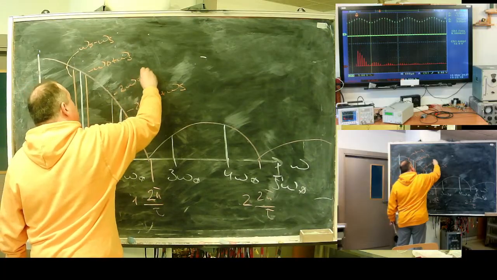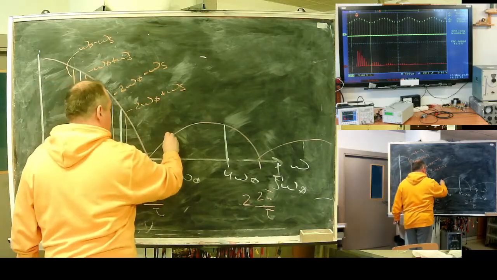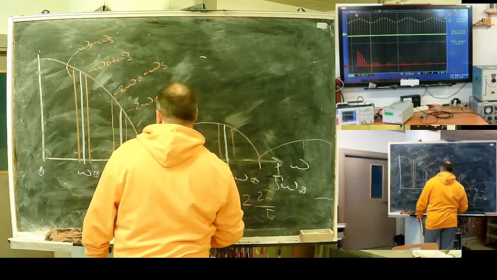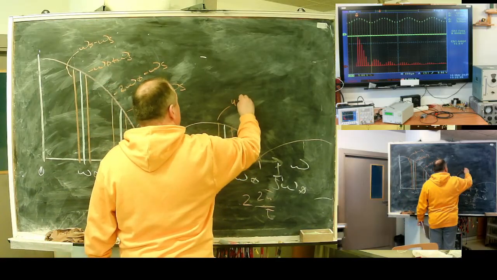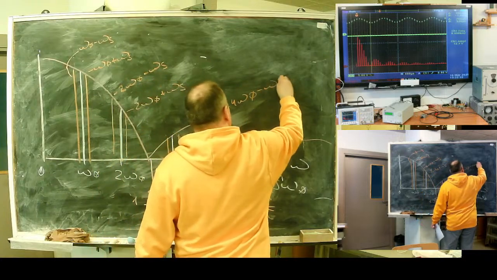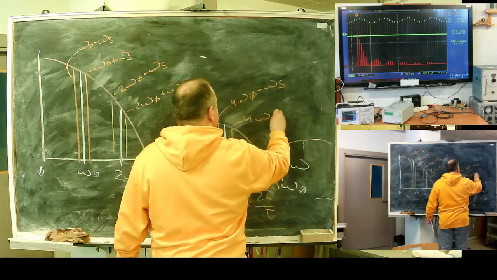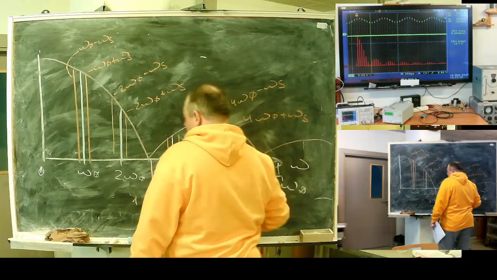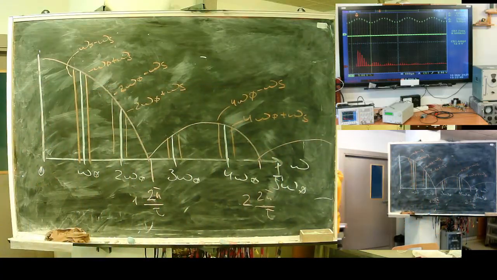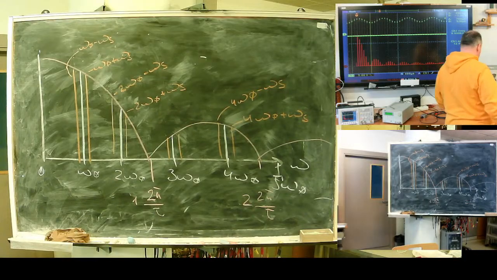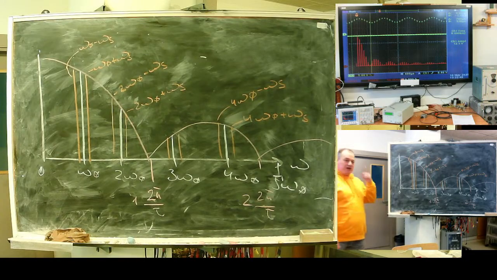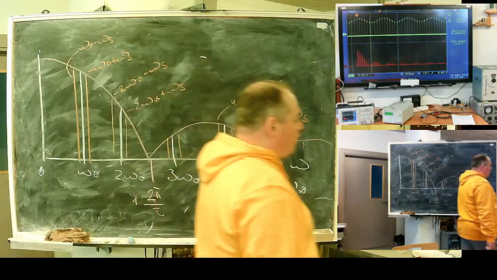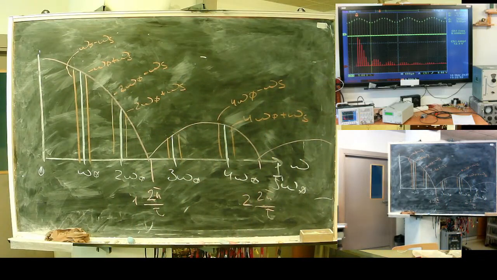Double omega 0 minus omega s. And so on and so on. Here, for example, quadruple omega 0 minus omega s. Quadruple omega 0 plus omega s. In theory, we should see spectral lines of the modulating signal, a pure sine, which has only one spectral line, around each line of the carrier sequence spectrum.